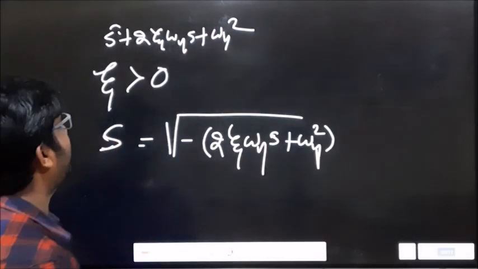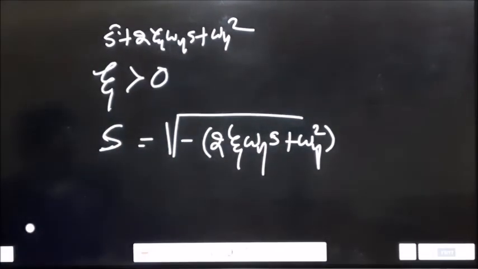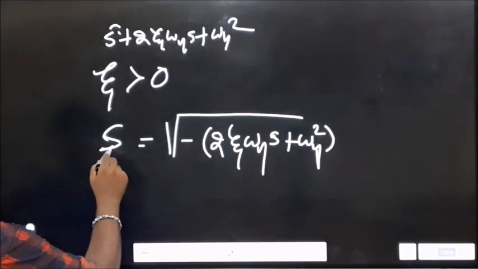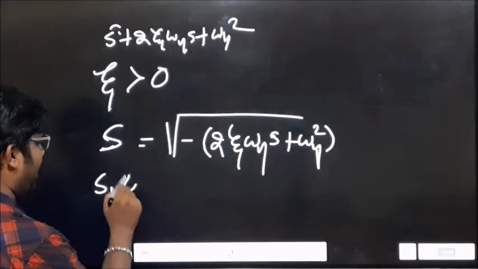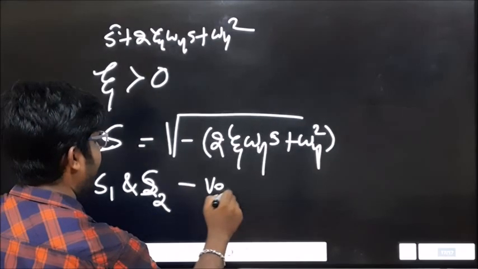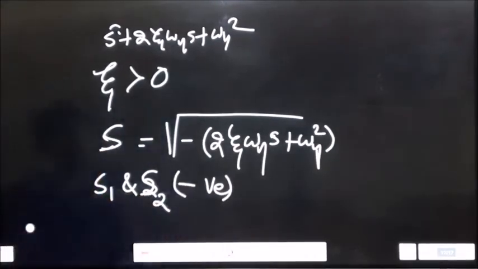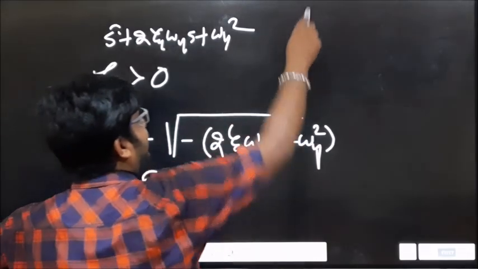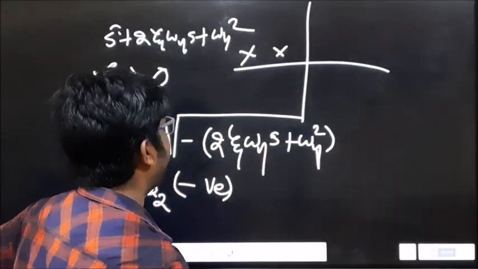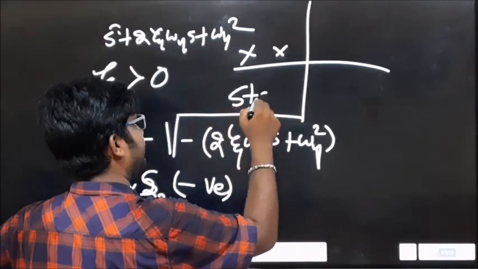If you make zeta greater than 0, s1 and s2 both will be negative. If both the poles are negative, that means both poles are located in the left half of the S-plane, then the system is a stable system.